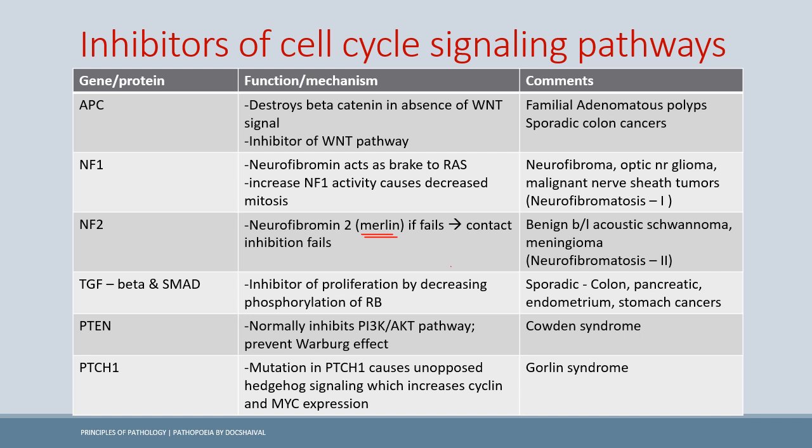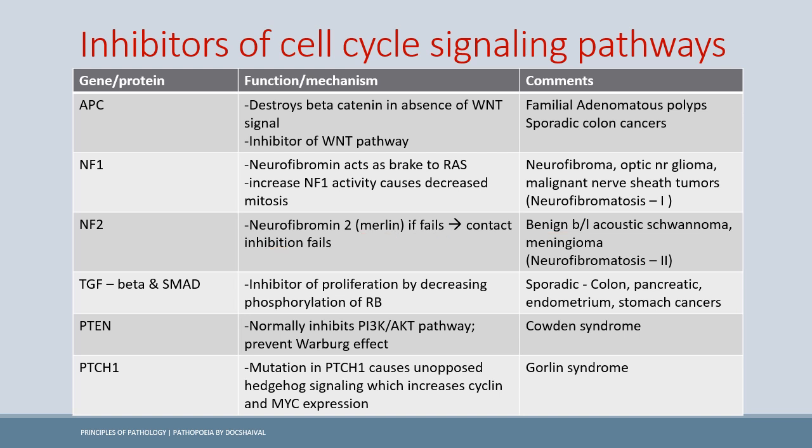Neurofibromin 2 is also called Merlin, and if it fails, it causes failure of contact inhibition, and the cells multiply haywire. When it is defective, there is benign bilateral acoustic schwannoma. This is again something you may come across in your examinations.